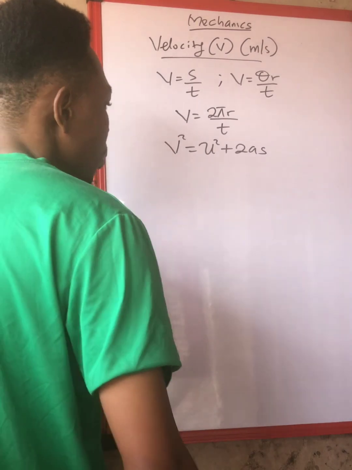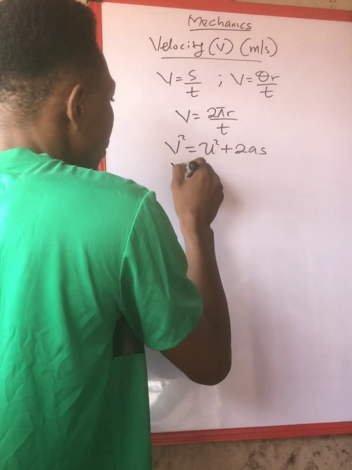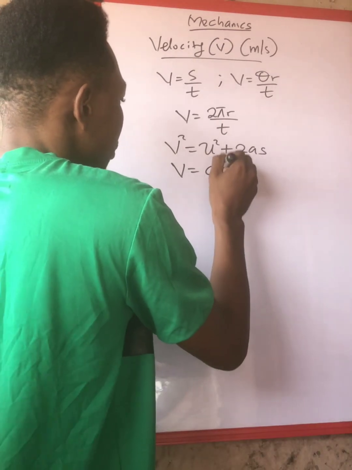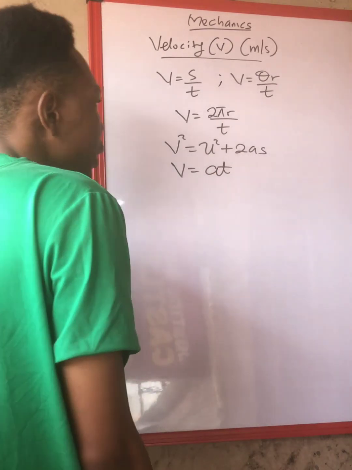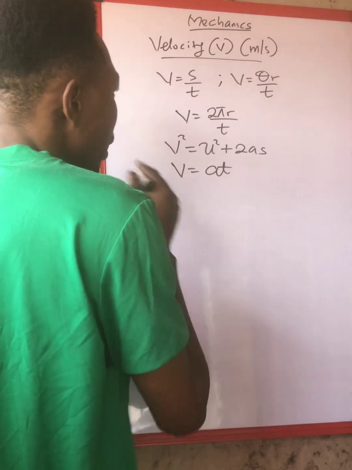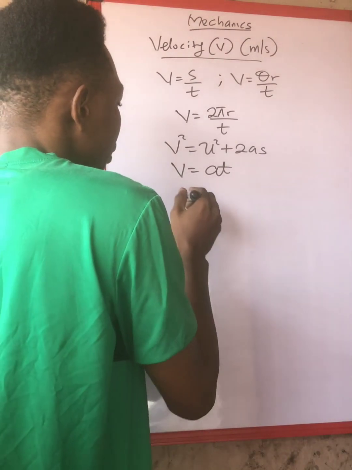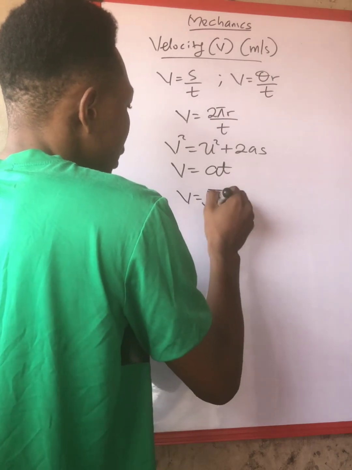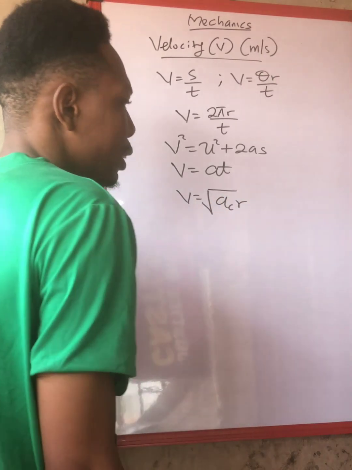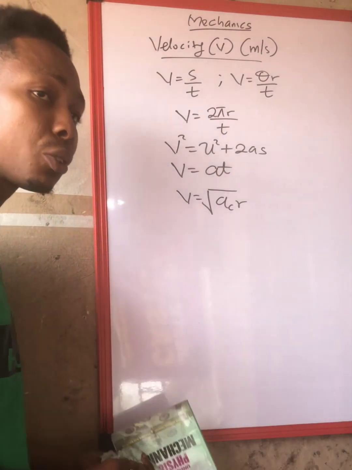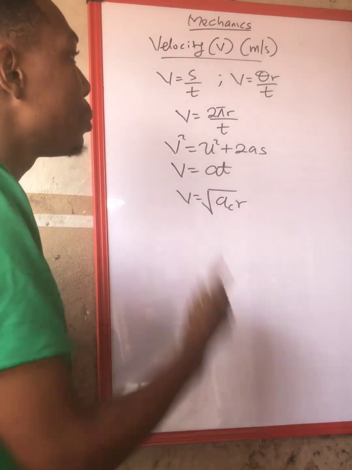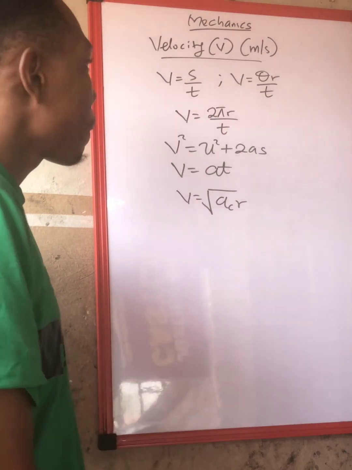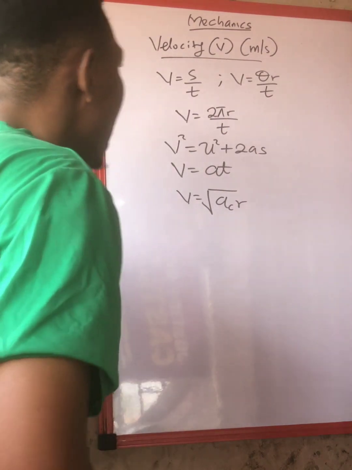So we also have V equals at. Okay, and we also have V equals square root of a c R, and so on and so forth. So there are so many formulas for velocity. So for now, we are going to stop here. So let's move down to that of acceleration.